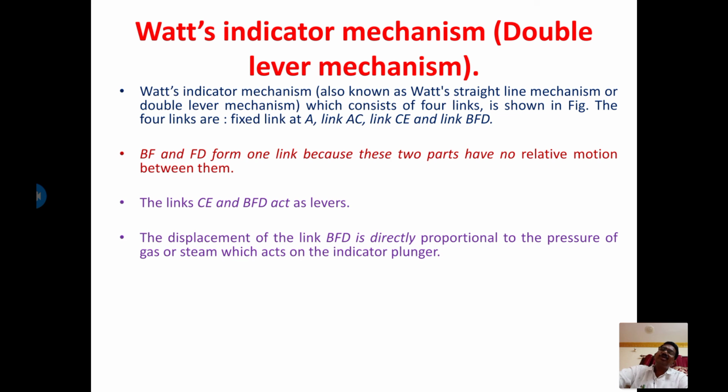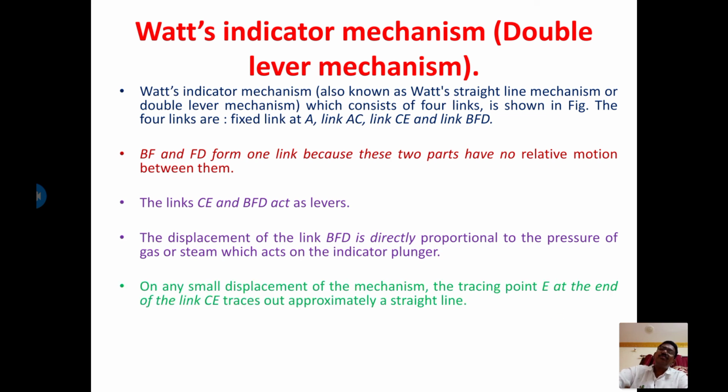Now the displacement of the link BFD is directly proportional to the pressure of gas or steam which acts on the indicator plunger. So for many small displacements of the mechanism, the tracing point E at the end of the link CE traces out approximately a straight line.